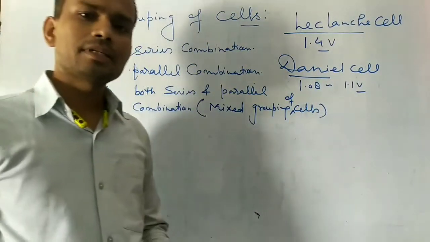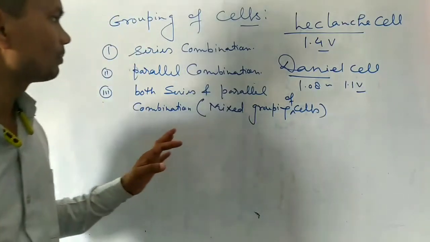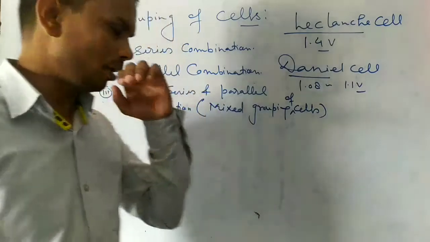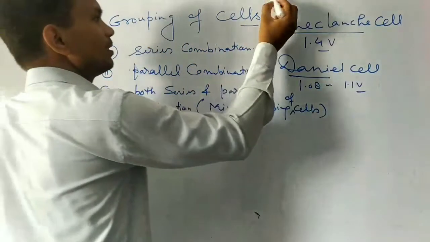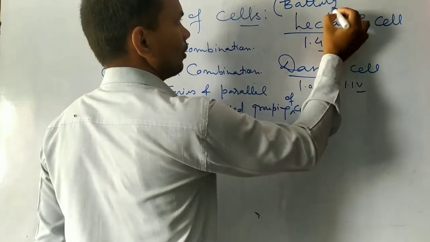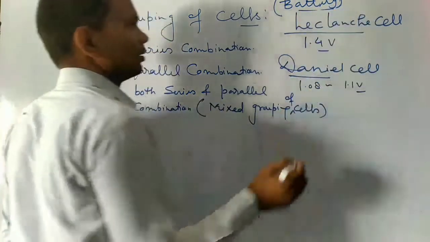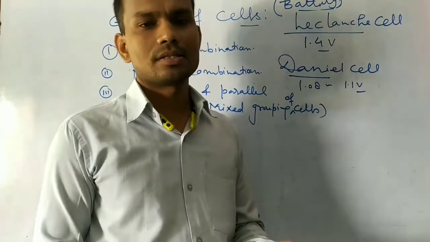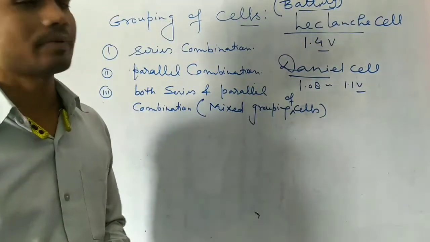So there are three methods for grouping of cells, and a grouping of cells is known as a battery. In general we talk about a 12 volt battery, a 6 volt battery, or a 4.5 volt battery.